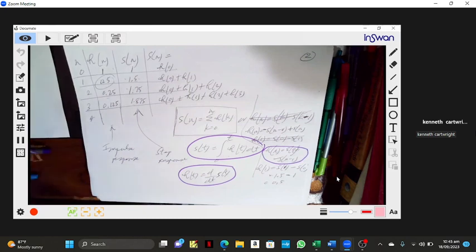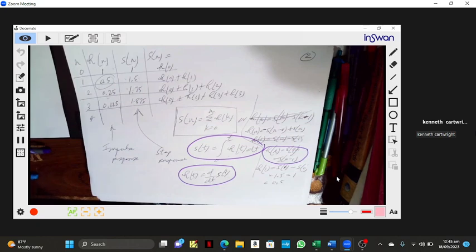Let's revise. What have we done so far? We said that filters are governed by difference equations. Difference equations have an A vector and a B vector. We get the impulse response by making the input an impulse and then finding the output. We get the step response by making the input a step and finding the output.